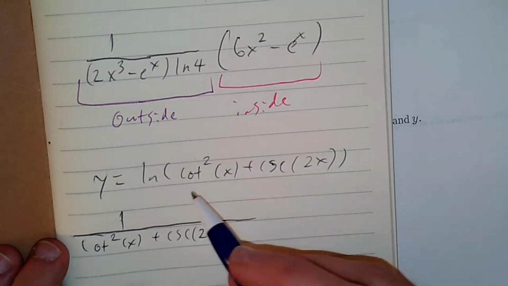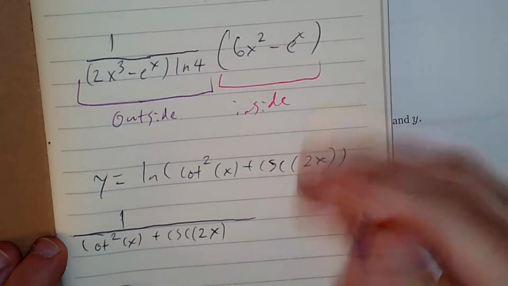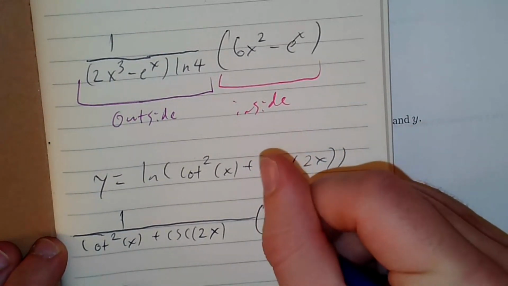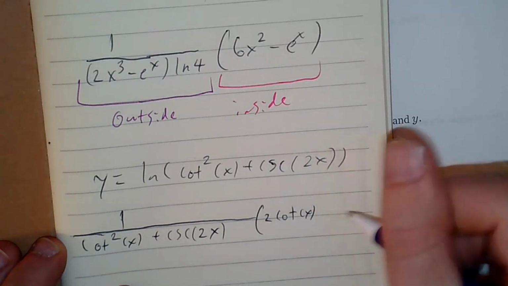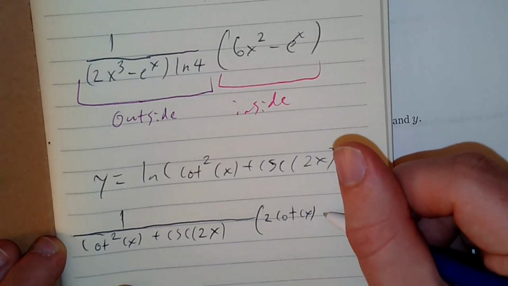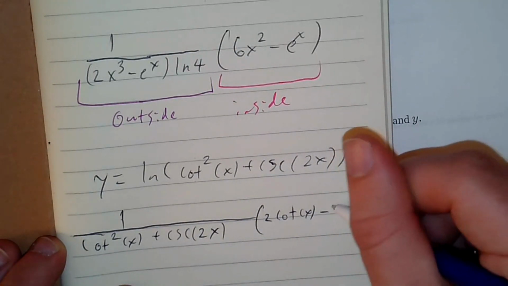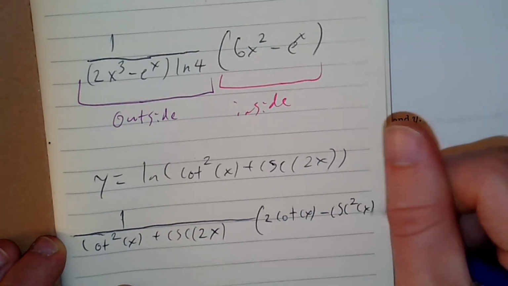So that's the outside on the inside. So cotangent squared x, it's chain rule. So it's 2 cotangent x times the derivative of cotangent, which is negative cosecant squared x.